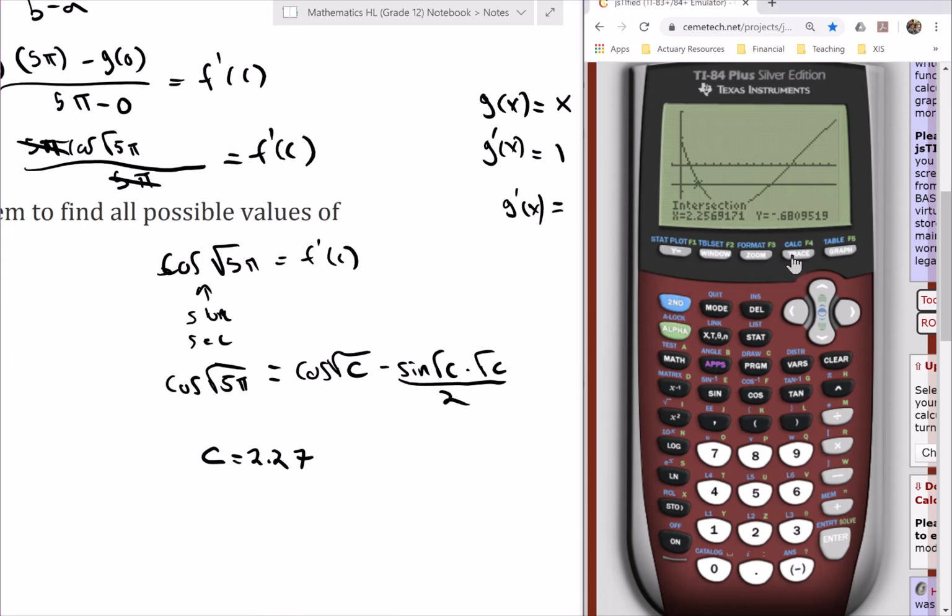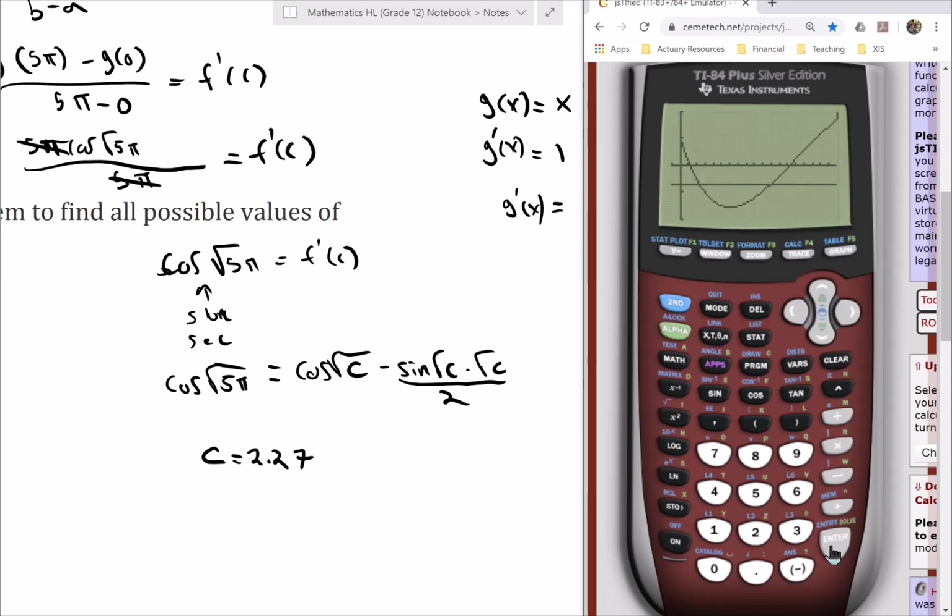We're going to find the other one, second trace. Here it is. Intersect. Again, it's going to say first curve, second curve. Guess, you got to get over next to this one, since we want to find this point of intersection now.